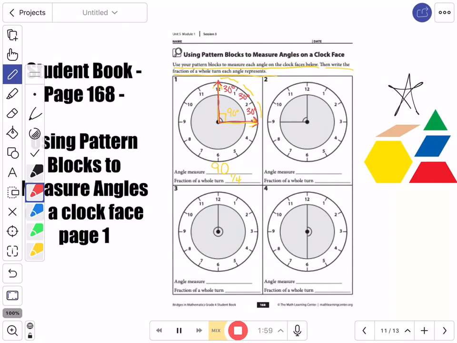So this would be 30 degrees, this would be 30, and that would be 30. So keep that in mind as you start going around. Now, if you also think about right here, 3 times 3 is 9. So remember that. We're going to do the same thing here with this one.